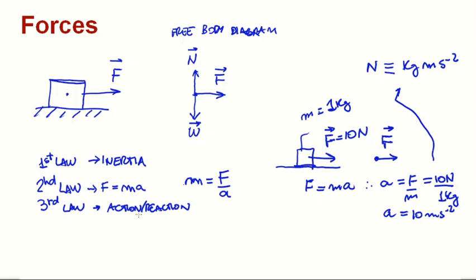So for example, if I'm moving a box, so I'm applying some force. If I am the one pushing that block, I will feel a force as the block is trying to be prevented from moving.